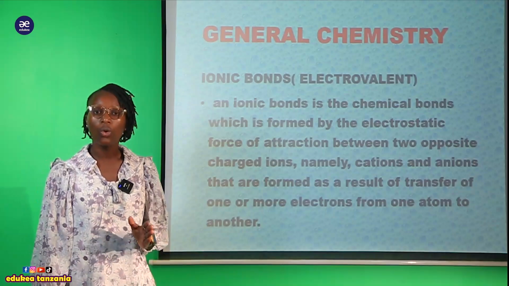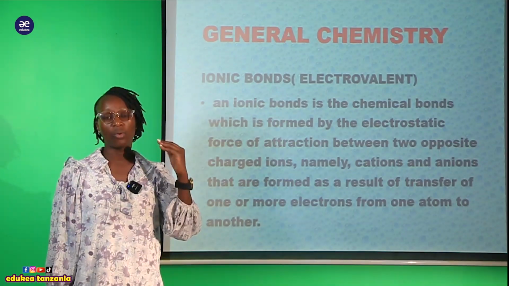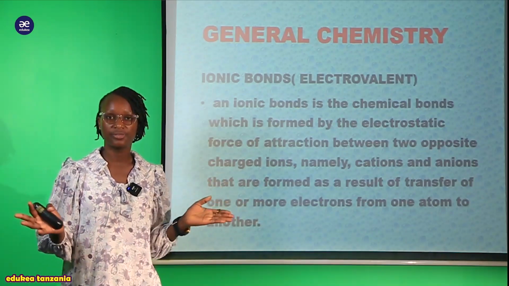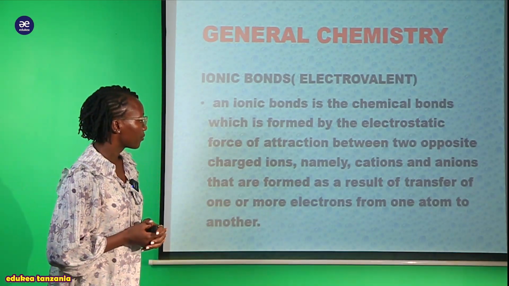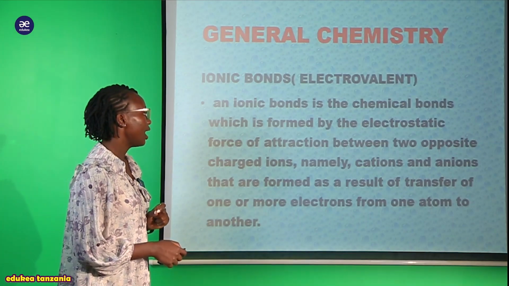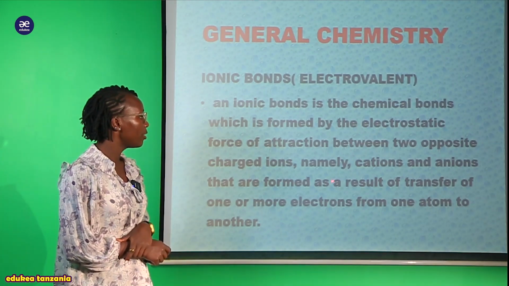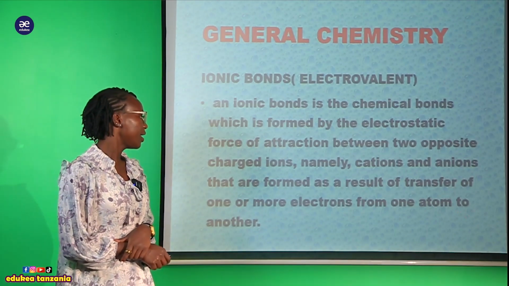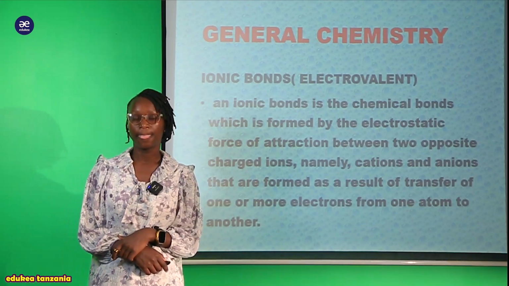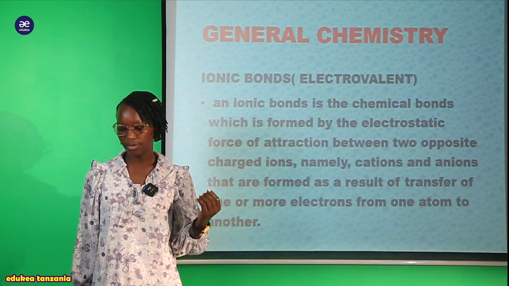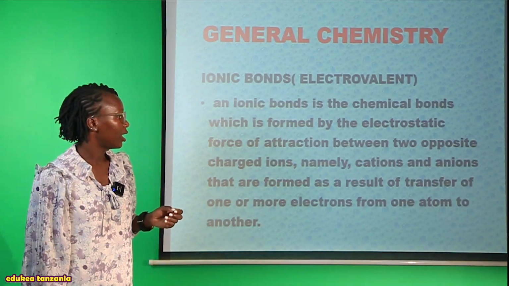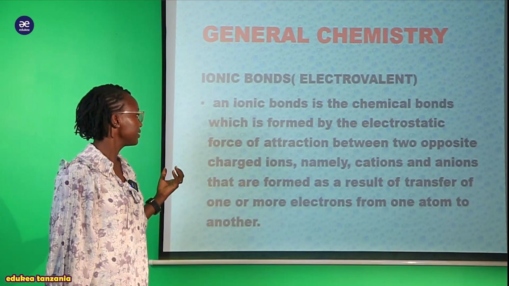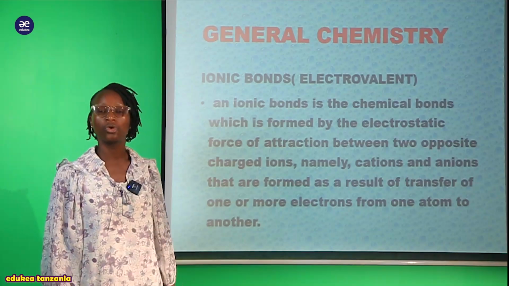Now when it says two oppositely charged ions, it means we have two charges, the positive and the negative charge. That are the positively and negatively charged ions, namely cation and anion, that are formed as a result of the transfer of one or more electrons from one atom to another. As I've said, this ionic or electrovalent bond involves formation by electrostatic force of attraction between two oppositely charged ions.